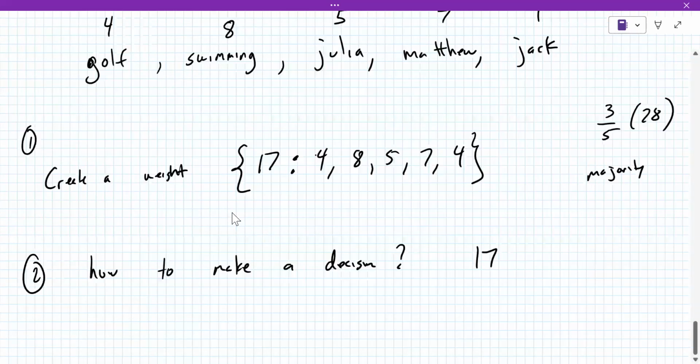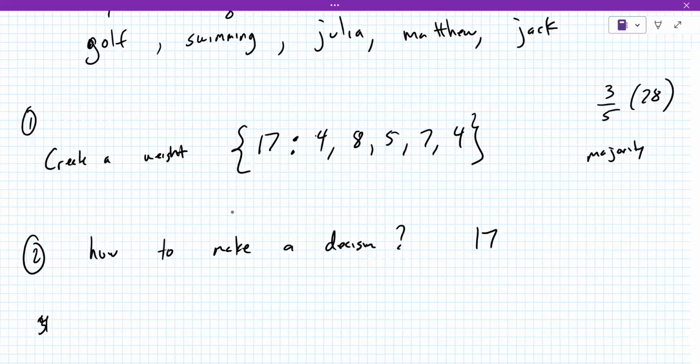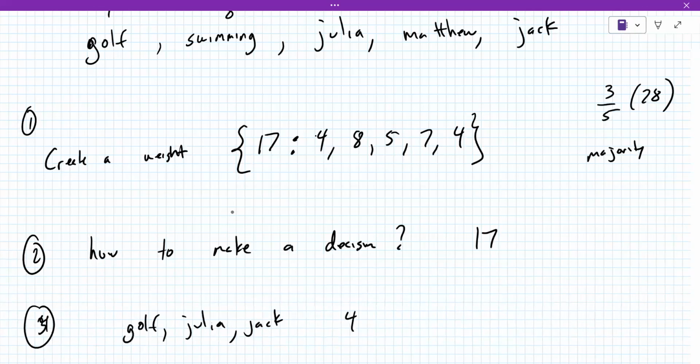They might ask you some scenarios. They might say, does golf, Julia, and Jack have enough to make a decision? 4 + 5 + 4. No, it's not enough.